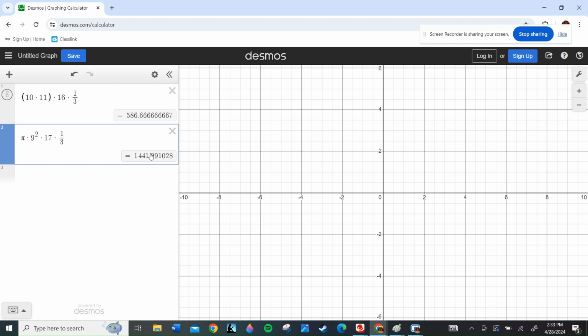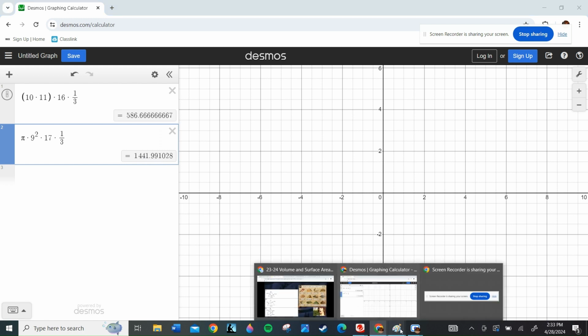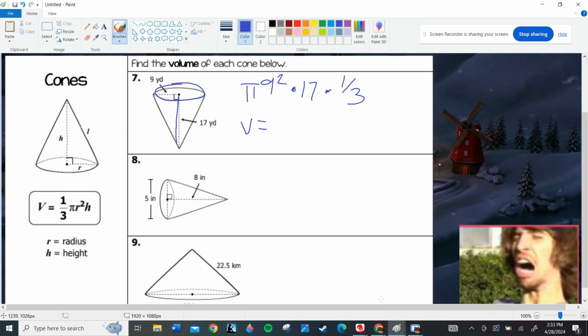Let the calculator do it for you. The volume of that cone is 1,441.99, or 1,442 if you round it up. 1,442 yards to the 3rd power, cubed.